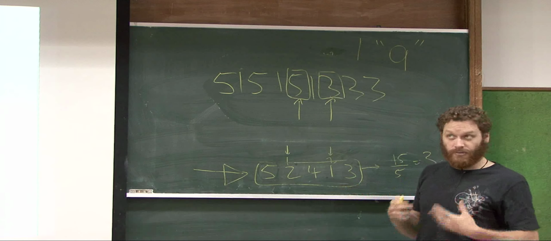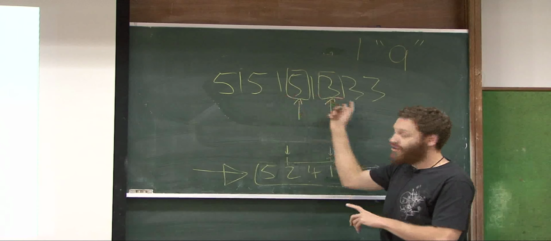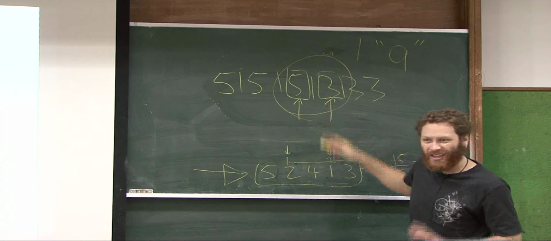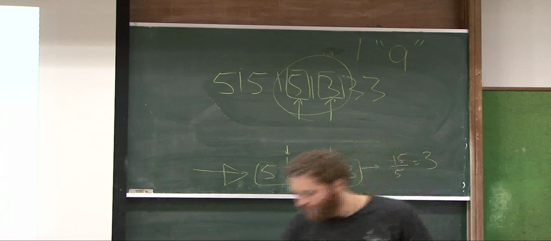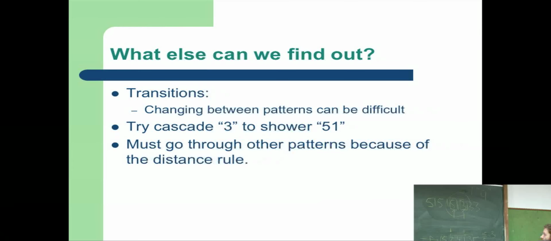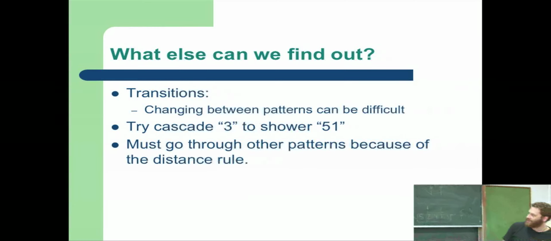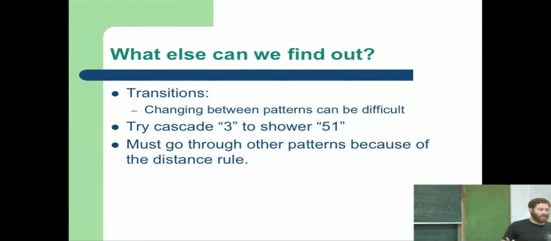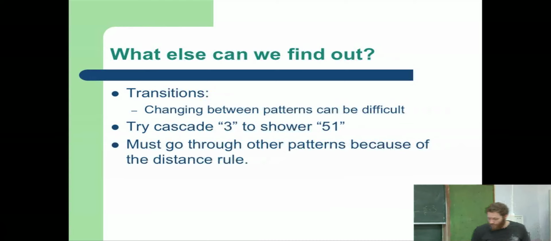So by the distance rule, that transition, so whatever's going on in that circle there, that's not going to work. Okay? So, I've got it here going the other way. Try the cascade 3 to the shower 5-1. So we must use other patterns in order to go through that transition.